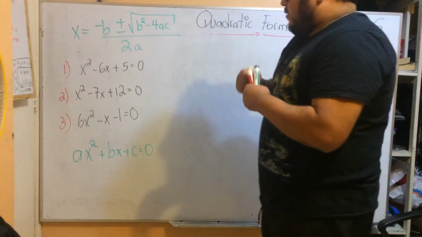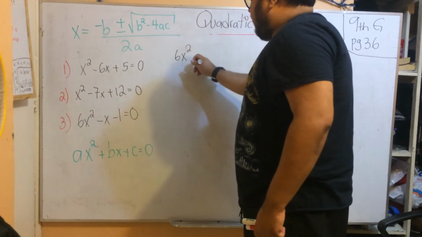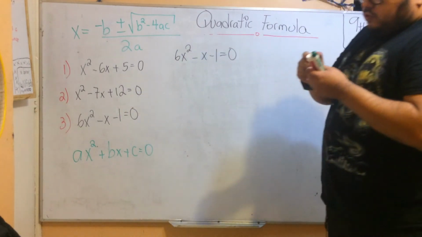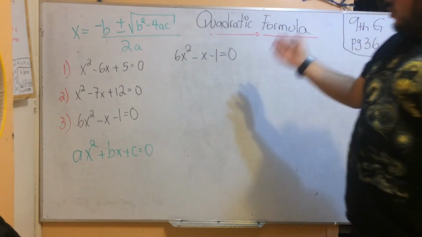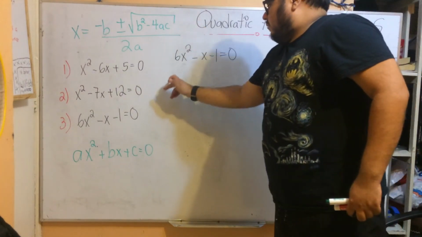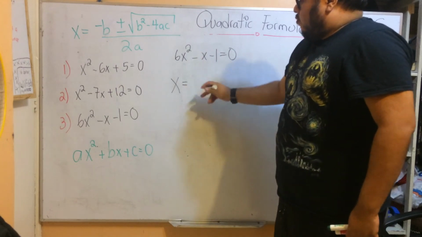Okay, so number 3 says 6x squared minus x minus 1 equals 0. So we're going to take the terms and put them into the quadratic formula. So let's start. Which is b? Negative 1.